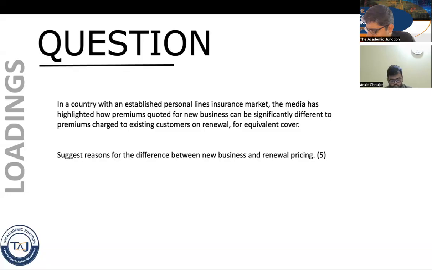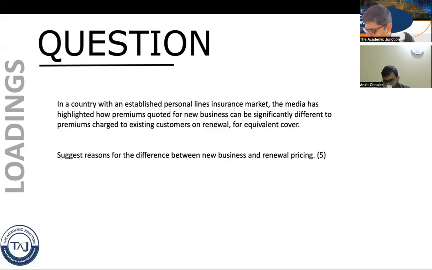I could come up with five, six points. First, there would be a difference in expenses incurred to procure the new business compared with the retention of the existing customers. Next, the commission rates could be different for the new business as compared to the renewals. Next, the company can provide additional loyalty discounts to the existing customers.